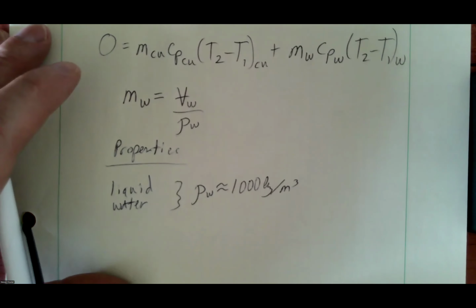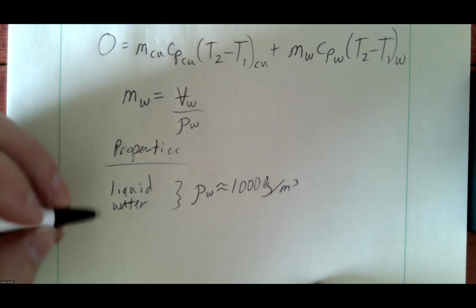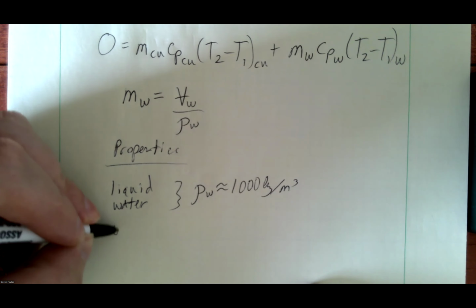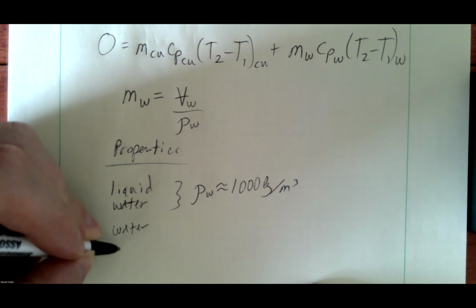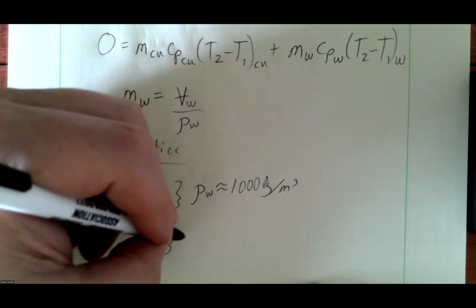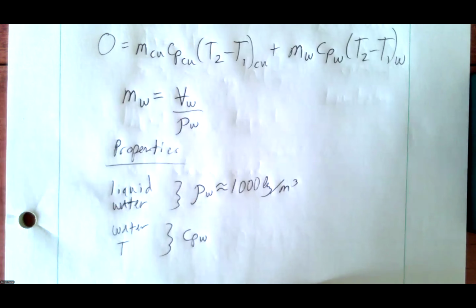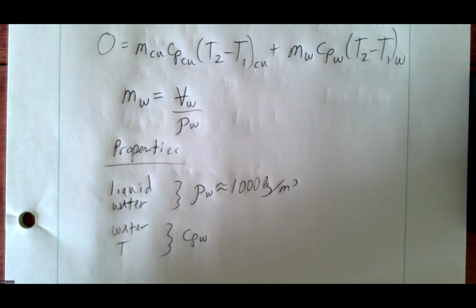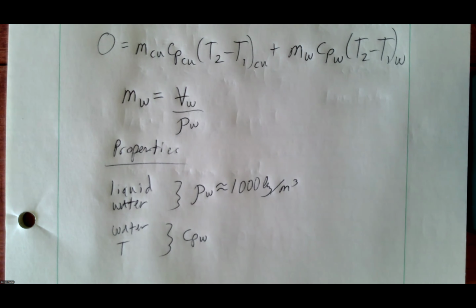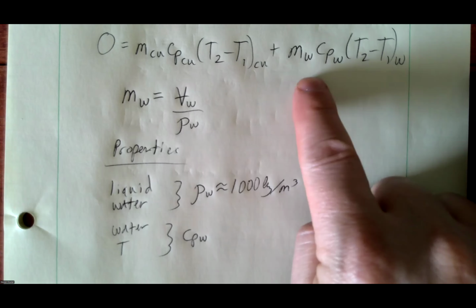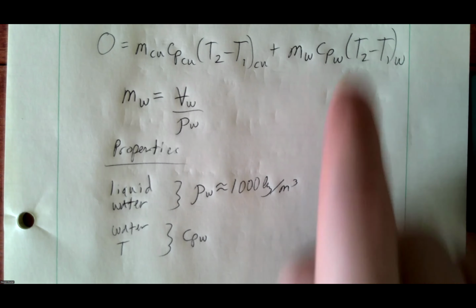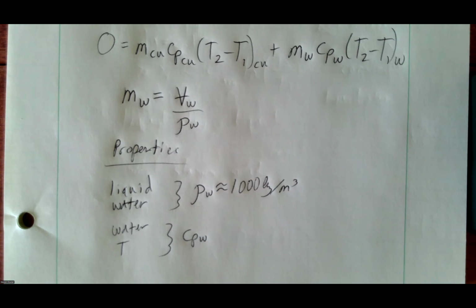That would get us in the ballpark. It's good to three significant figures. Now, the fact that I've got water and I've got a temperature is going to give me specific heat for the water. Okay, so let's go look at that because I need specific heat. This gets me to the mass. I need specific heat for the water, and I'm also going to need it for the copper.